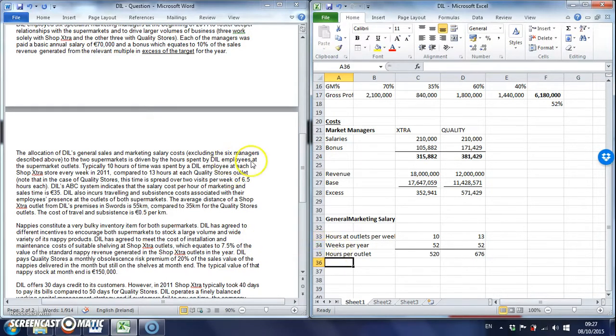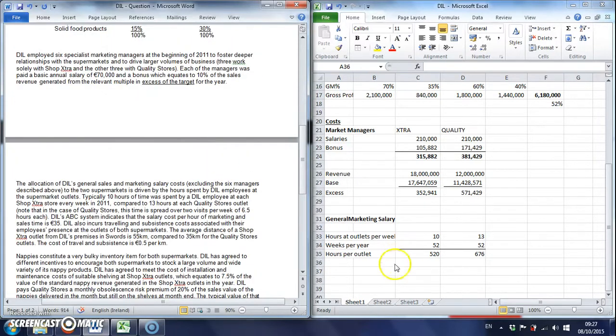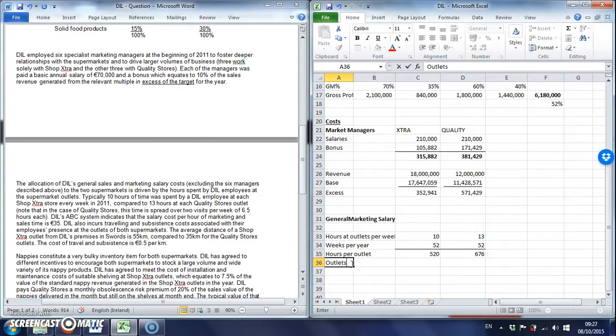So if we go back up to the question, again, always ask yourself, why am I told this information? There's 140 outlets for Extra and only 50 outlets for quality. So now you have to say outlets 140 and 50. And then you say hours per year.